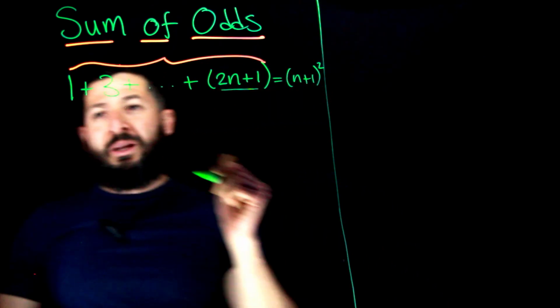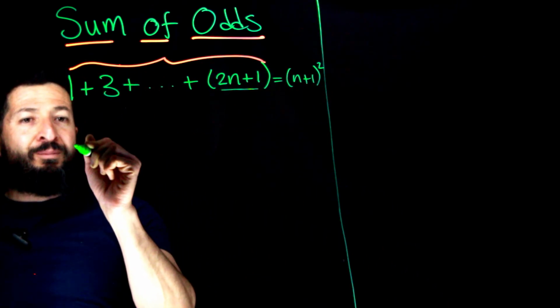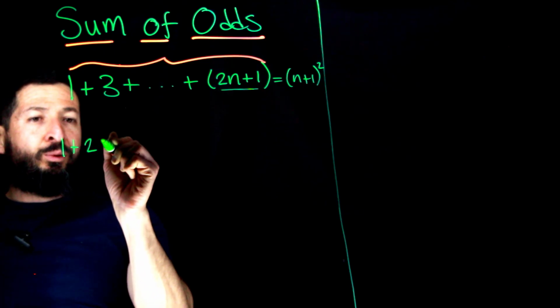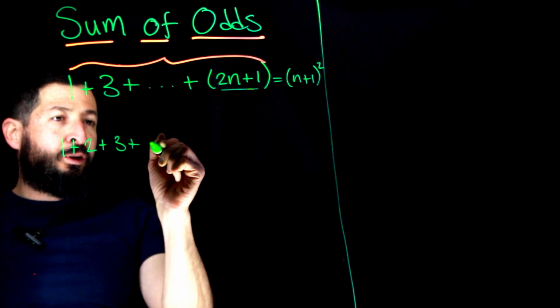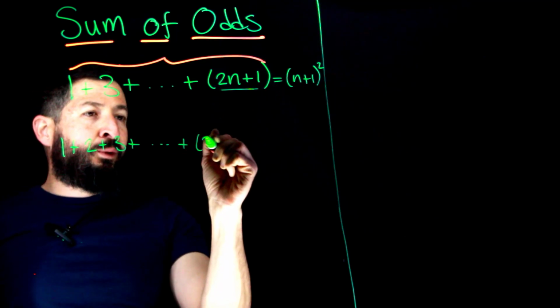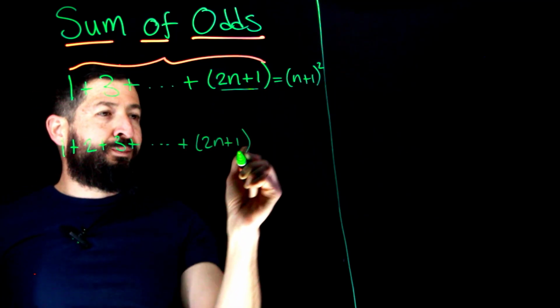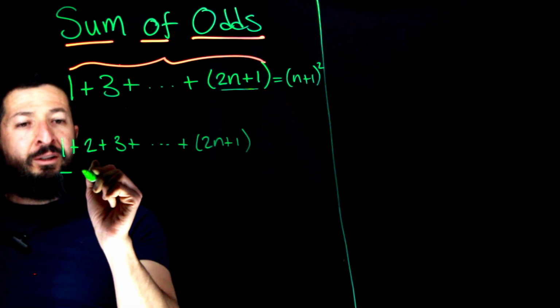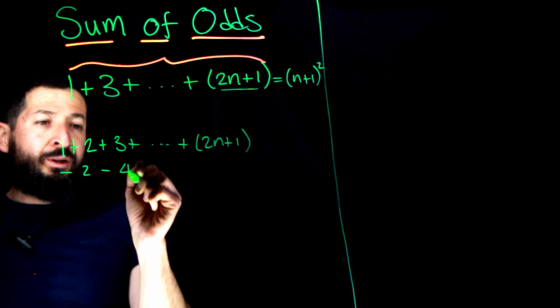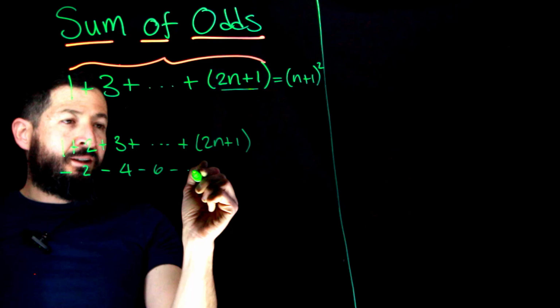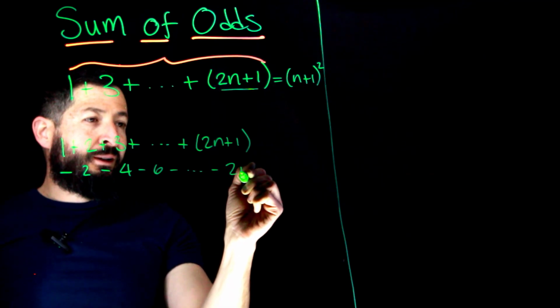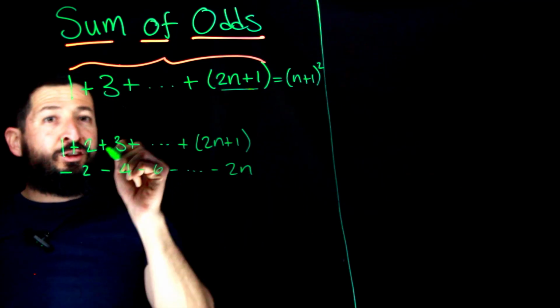So the way I'm going to do it, I'm going to write it as the sum of 1 plus 2 plus 3 plus 4 all the way out to 2n plus 1, and then I'm going to subtract 2, 4, 6 all the way out to 2n. And that should be the sum that I have here.